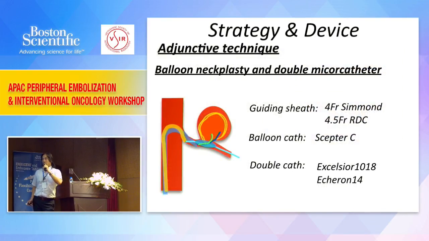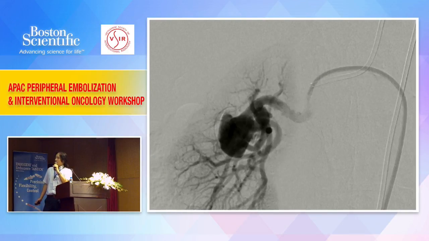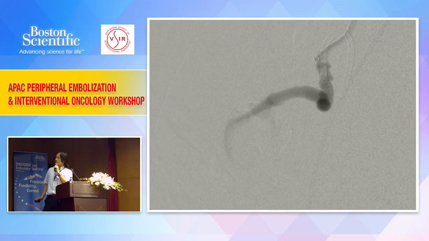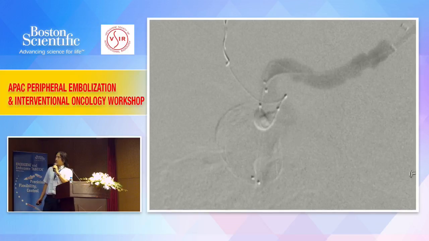In this case, I inserted 2 guiding sheaths, 1 microballoon and 2 microcatheters into the aneurysm. And this is a renal angiography. Yeah, very wide neck. So I put the balloon across the neck. It's a balloon neck plasty technique. And you can see the 2 microcatheters inside the aneurysm.